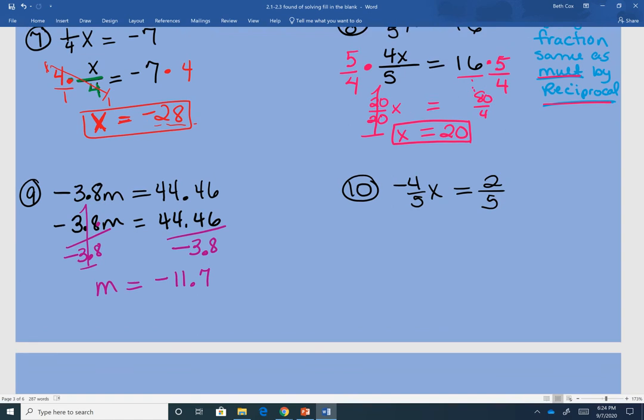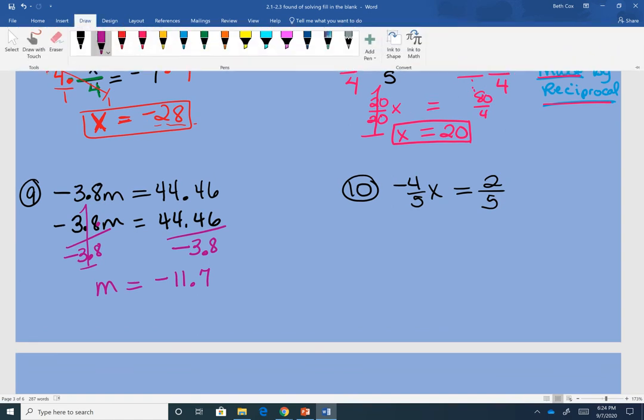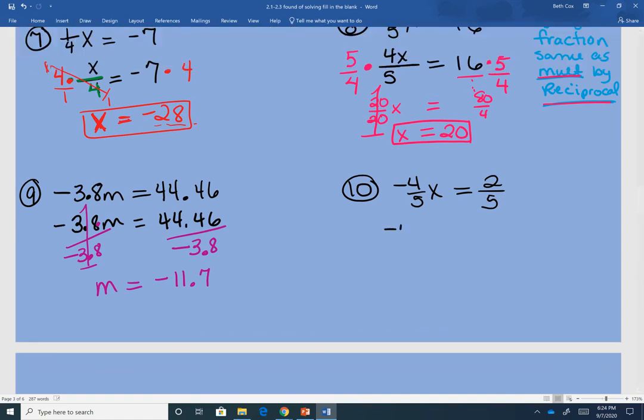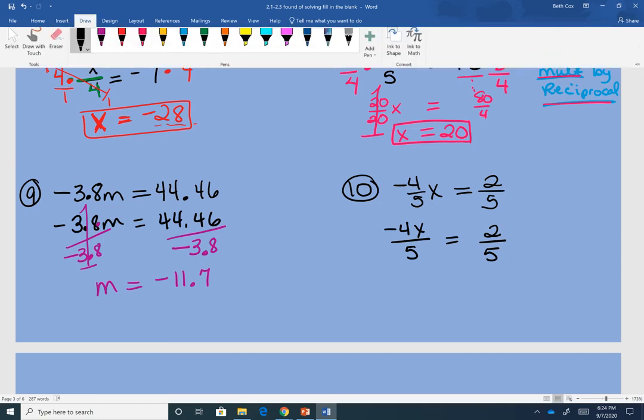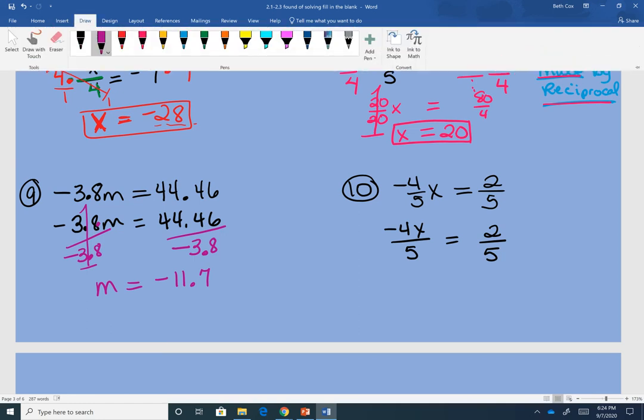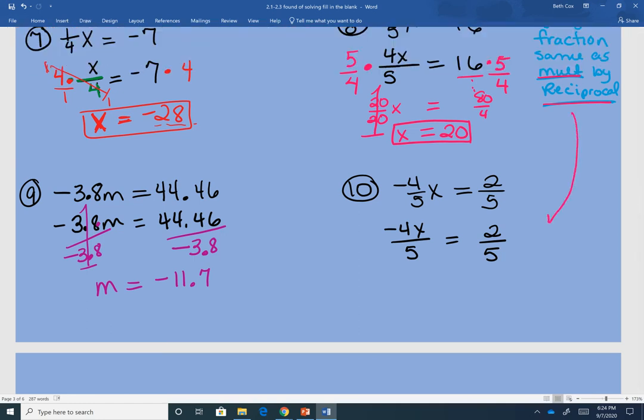All right, number 10, last one. Again, I can put the x on top. And again, just like the problem above it, dividing by a fraction is the same as multiplying by the reciprocal. So if I multiply by the reciprocal, that's going to give me negative 20 over negative 20x, which is just x.